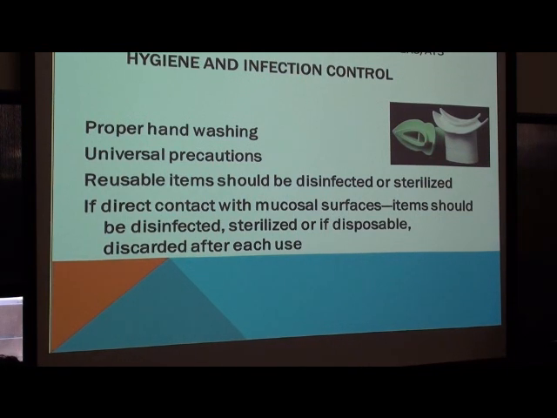So hand washing on entering and leaving the room, or foam in, foam out, universal precautions, reusable items. Almost everything that we use in the laboratory is now reusable. And if something is in direct contact with mucosal surfaces, that item needs to be disinfected and sterilized, or if it's disposable, and that's preferable, discarded after each use.